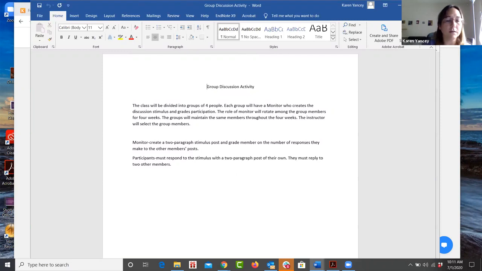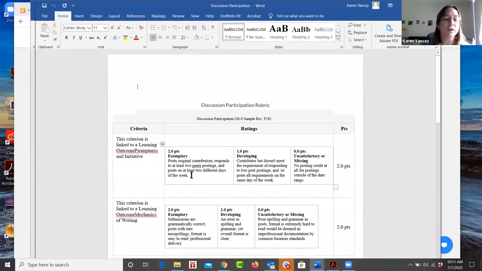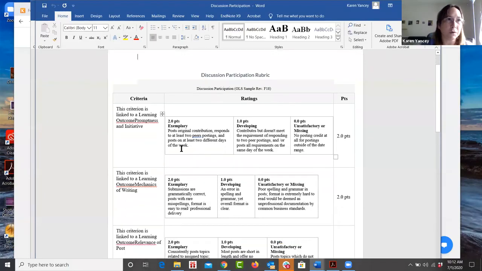I highly recommend that you have a rubric attached that gives expectations of how their posts should look and what kind of interaction they do. You want to say what an exemplary post is. If it's requesting the student write 2 paragraphs, then you'd say in the rubric, you get 2 points if you have clear insights in 2 clearly written paragraphs.